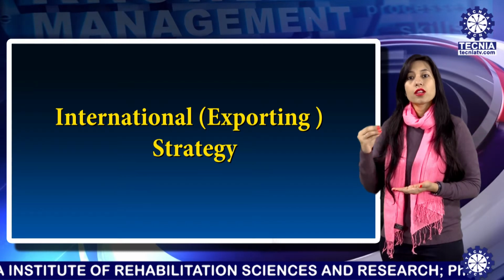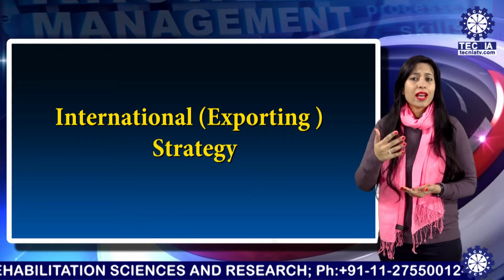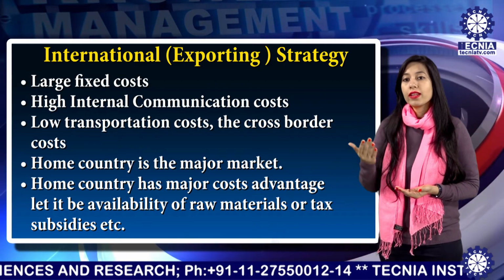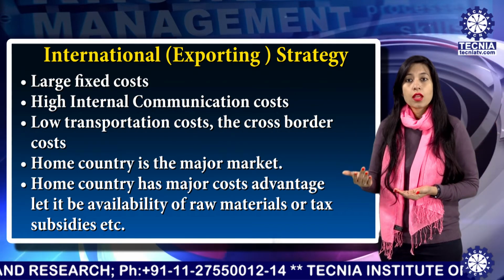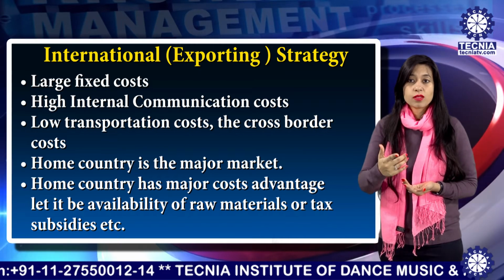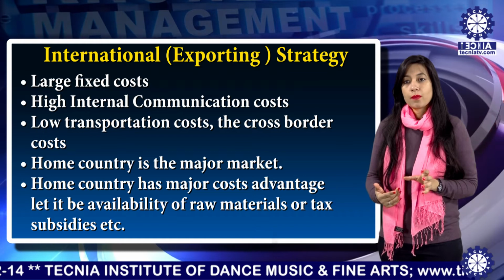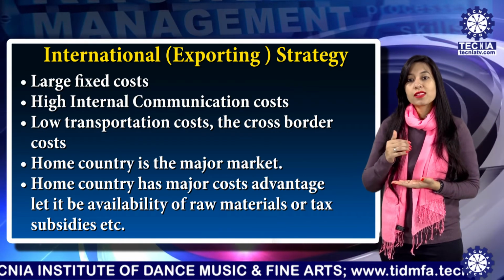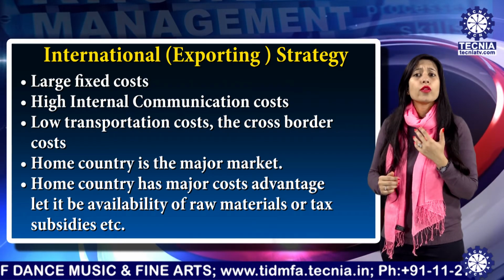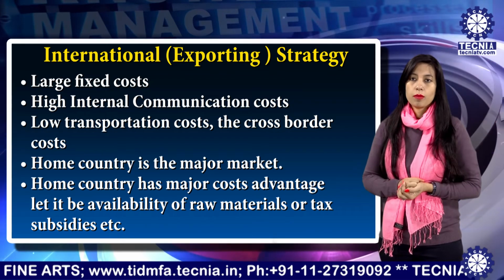This strategy is adopted by firms that have specific traits, maybe large fixed cost, high internal communication cost, low transportation cost, preferably the cross-border costs, wherein the home country is the major market and has major cost advantage, let it be availability of raw materials or the tax subsidies given by the home country government.